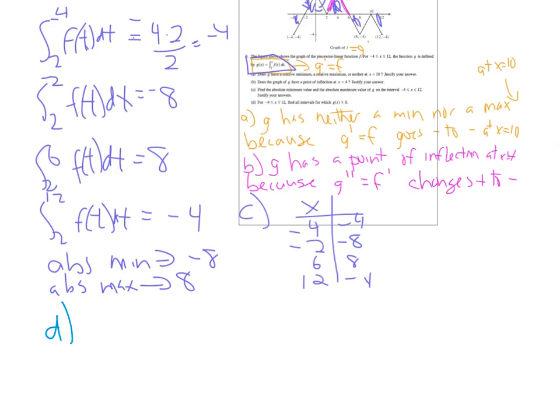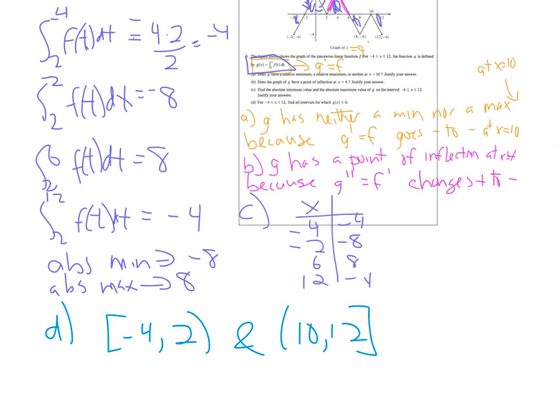So we're going to go negative 4 to 2, and then 10 to 12. Don't worry about brackets or parentheses, not a big deal.